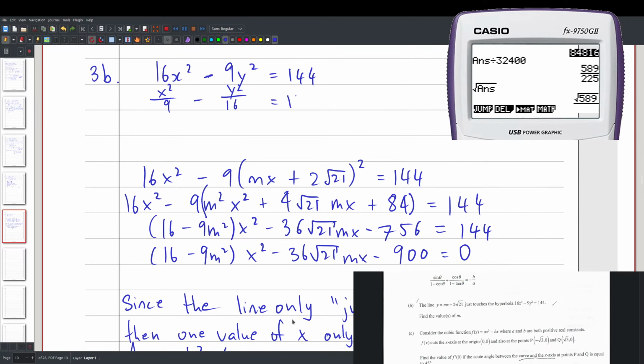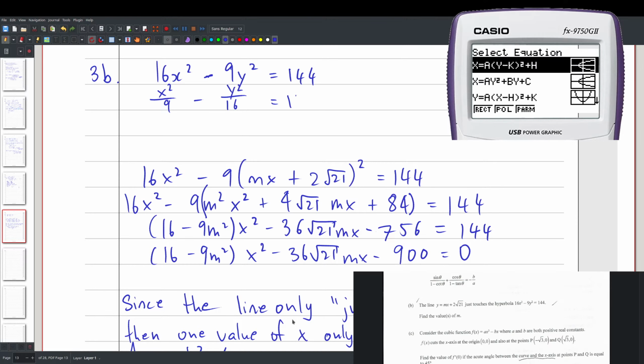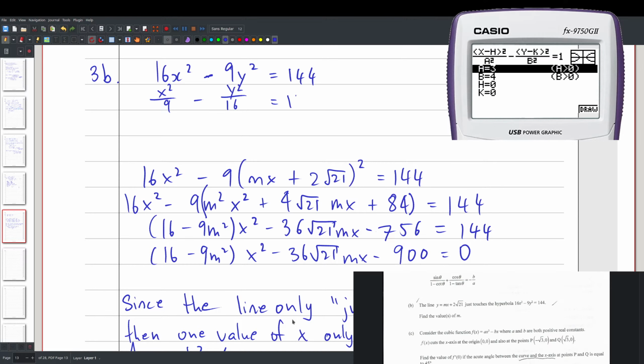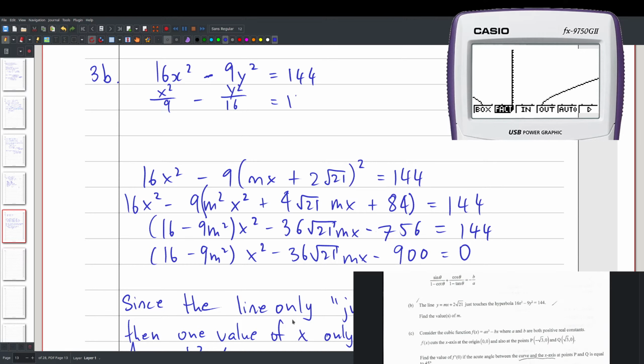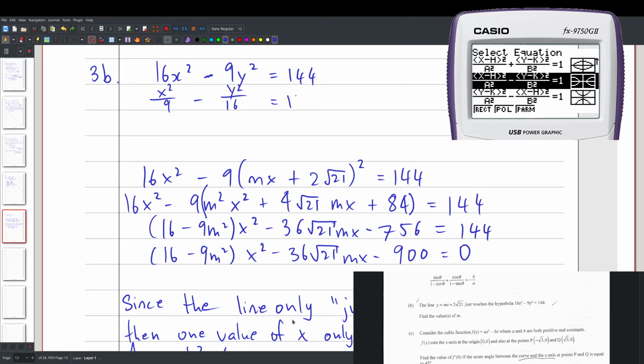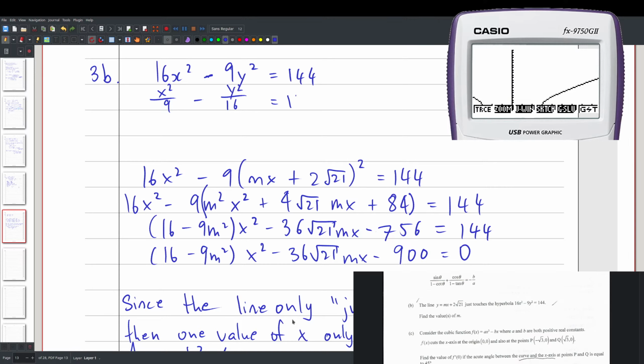Everything seems right though. Can I overlay? Yeah. No. Sketch. No. Oh, plot? What does this do?